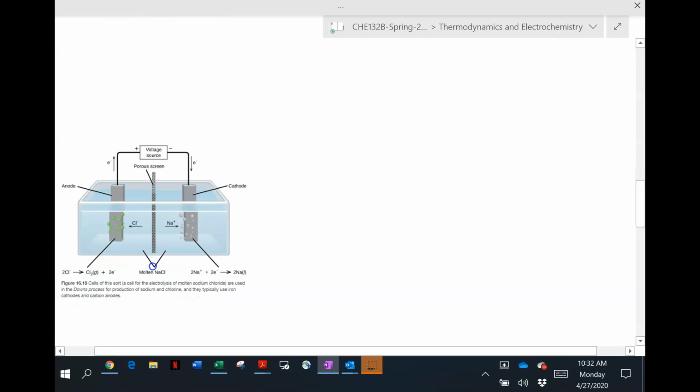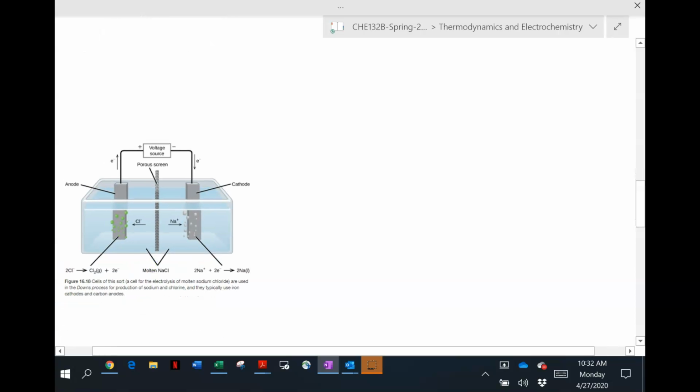All right, so here is another example. We moved a little further back in the book now. I think we're now looking at section 16.7, the electrolysis section.